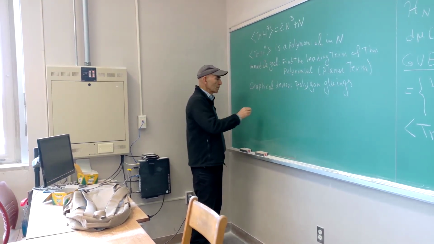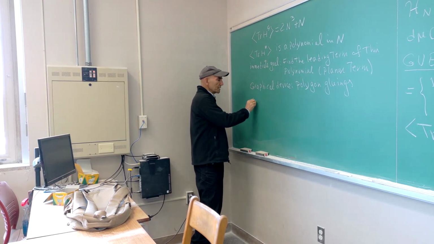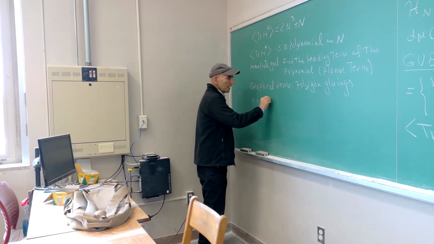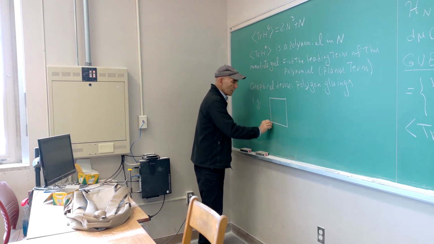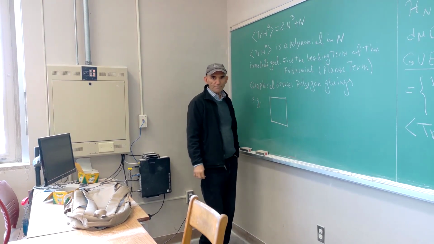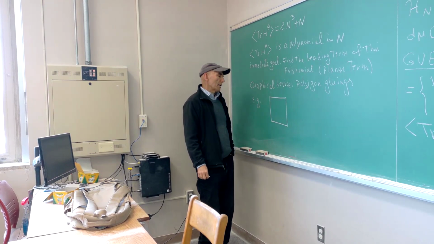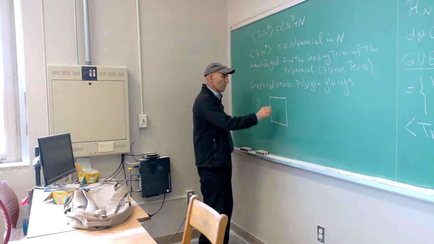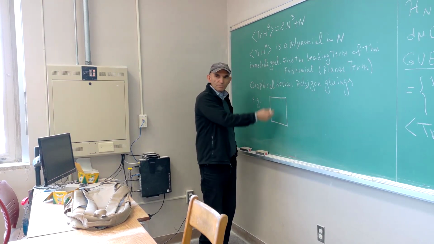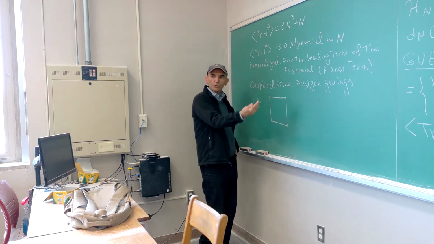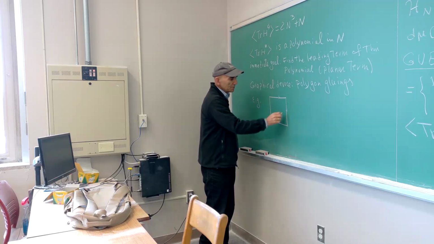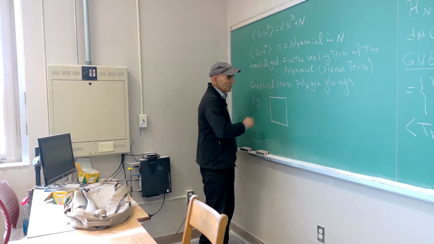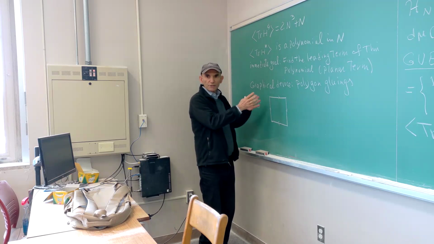So let's start with an example. Let's take a four-gon, a square, and the question is, we want to identify pairs of edges to each other and then glue them. So we put some orientation around here, and we want to glue these things.